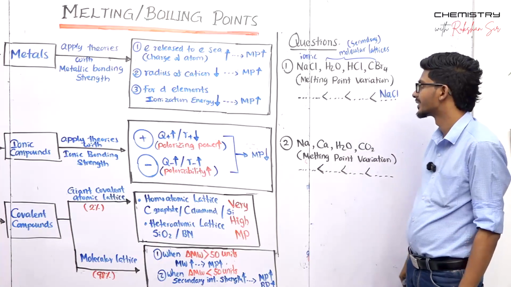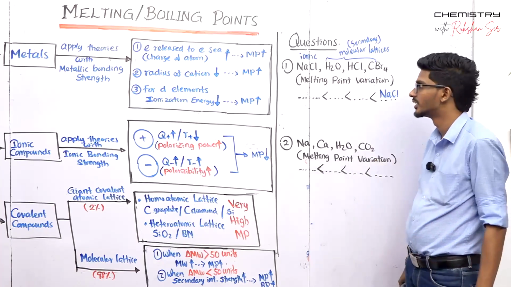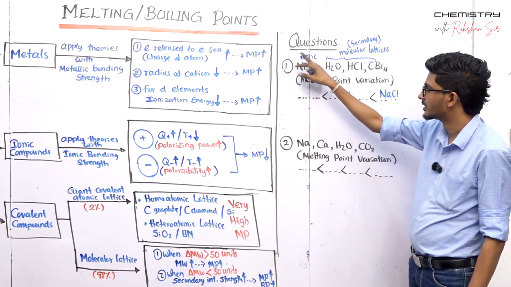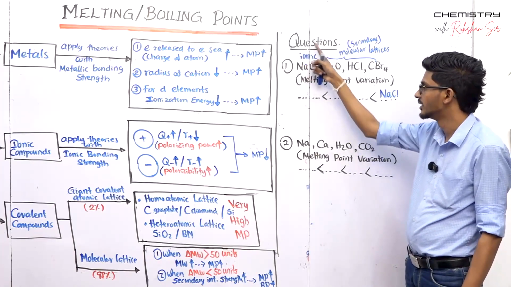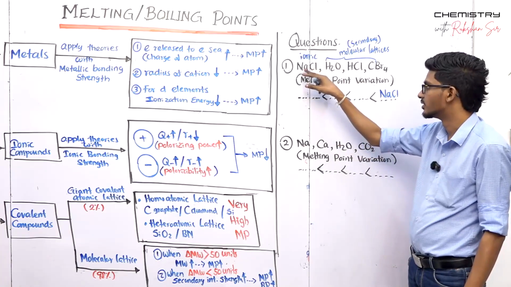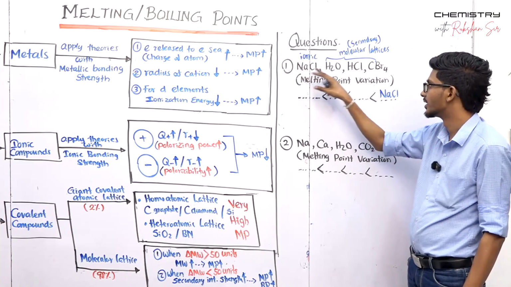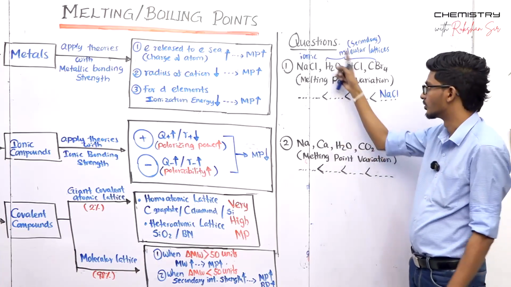Secondary interactions involve partial delta charges, while primary interactions involve complete charges. So NaCl will carry the greatest melting point out of these four.